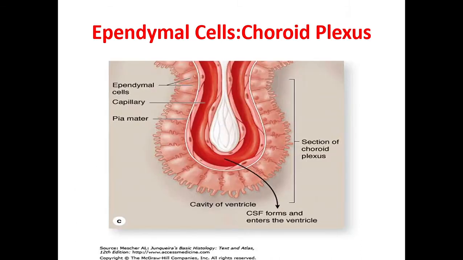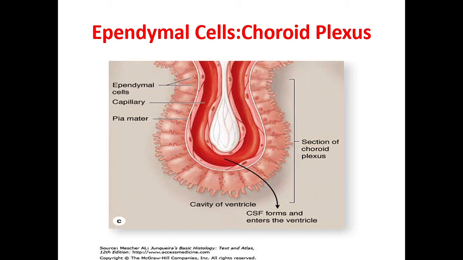We have here an enlarged illustration of the choroid plexus. Focus yourselves at the center of the illustration. It is a blood capillary, surrounded by ependymal cells. The lining of the blood capillary is made up of a single squamous epithelium we call endothelium, a very thin membrane that lines the blood capillaries.